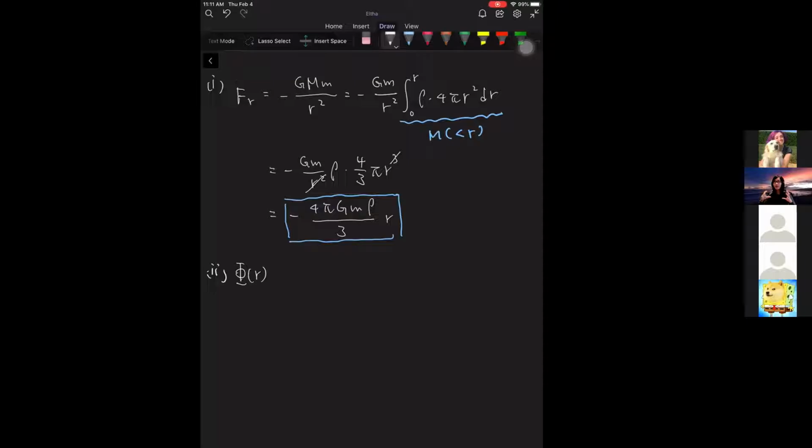That means the gravitational potential from the outside part should be a constant. And from the inside part, we can treat it as the total mass concentrated at the central point.